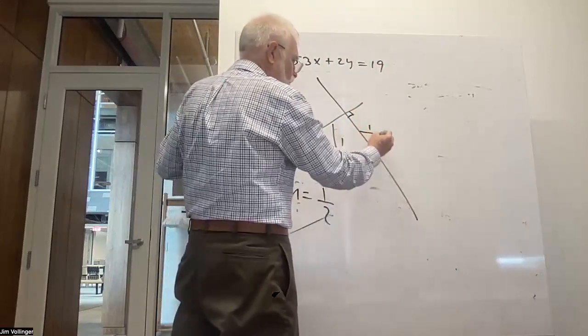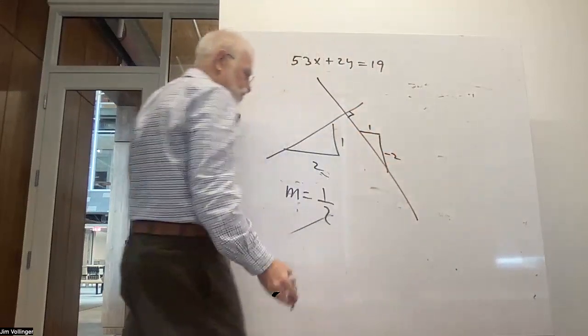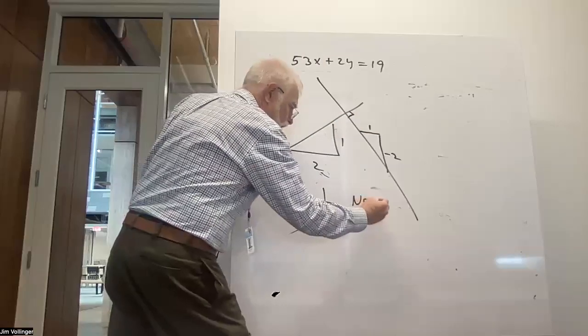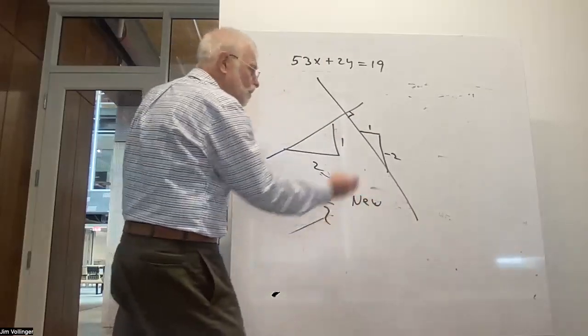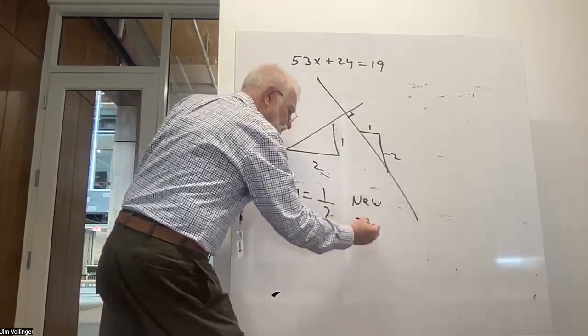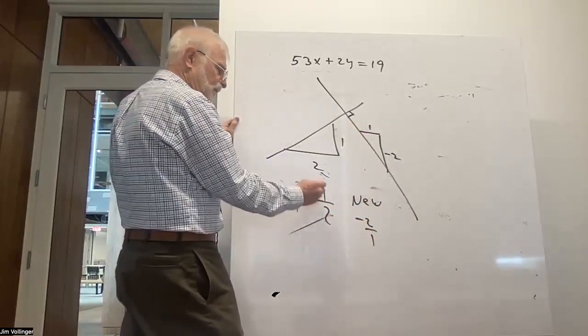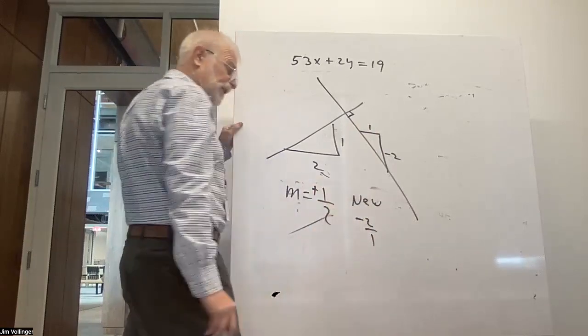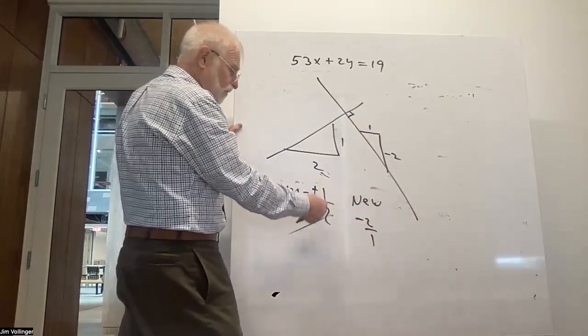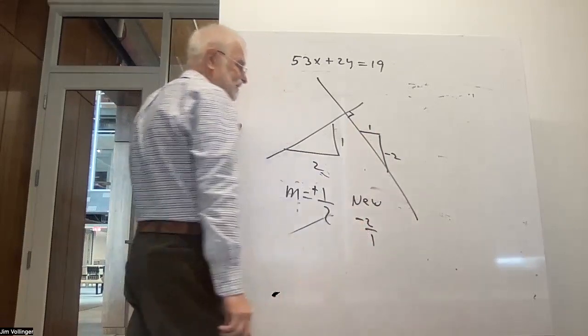This is over 1 and down 2. So the new slope, the perpendicular slope, is rise over run, minus 2 over 1. The original was 1 over 2, which was positive. The reciprocal changed signs, and rise over run became run over rise.